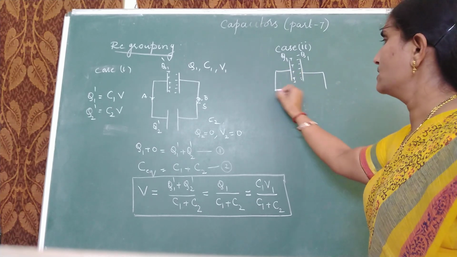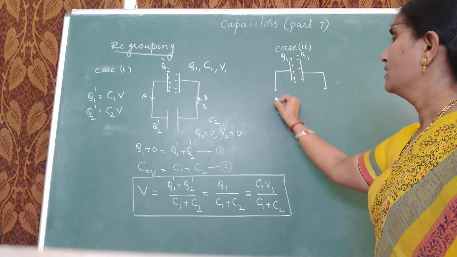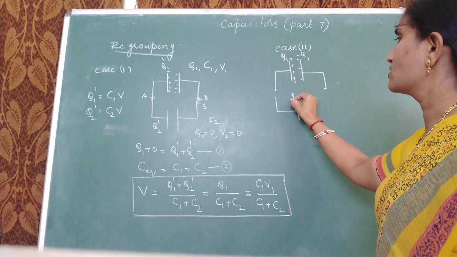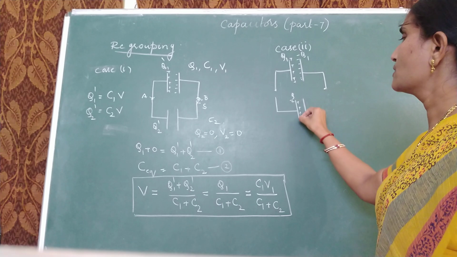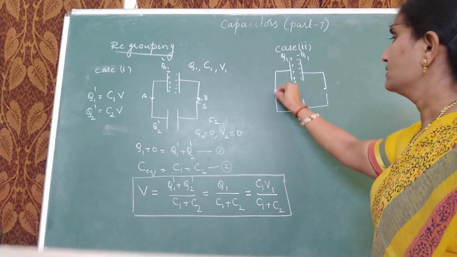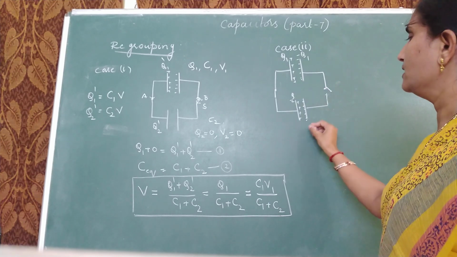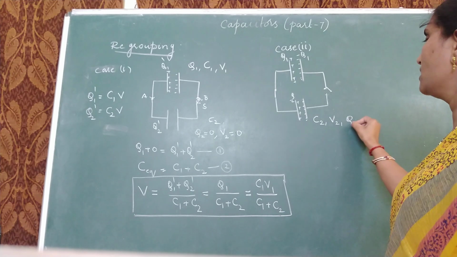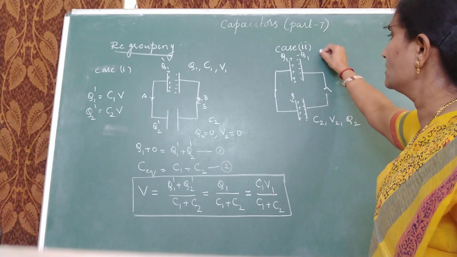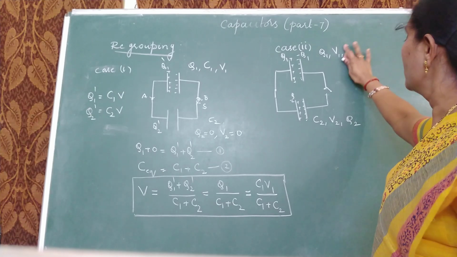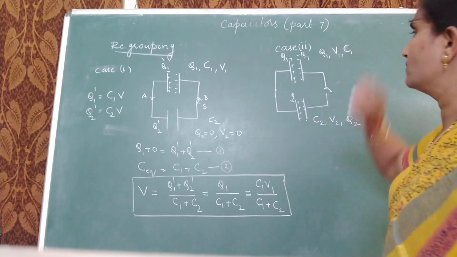These are the two terminals A and B. We are going to join another capacitor with charge Q2, plus and minus. We are going to close the switch and study. Let the capacitance be C2, potential V2, charge Q2. For the first capacitor, charge is Q1, potential is V1 and capacitance is C1.